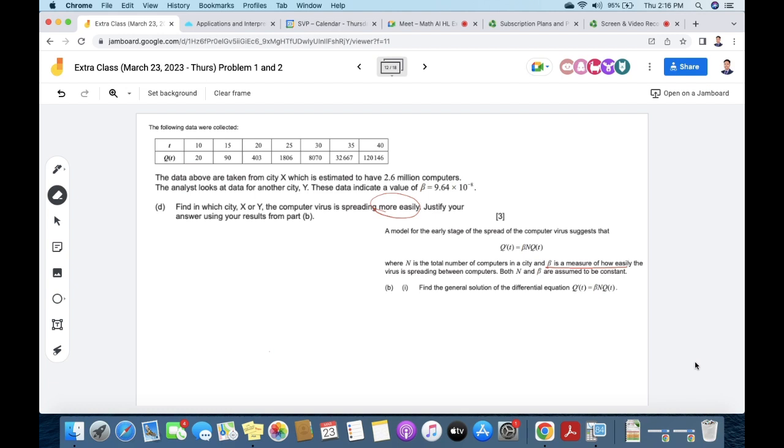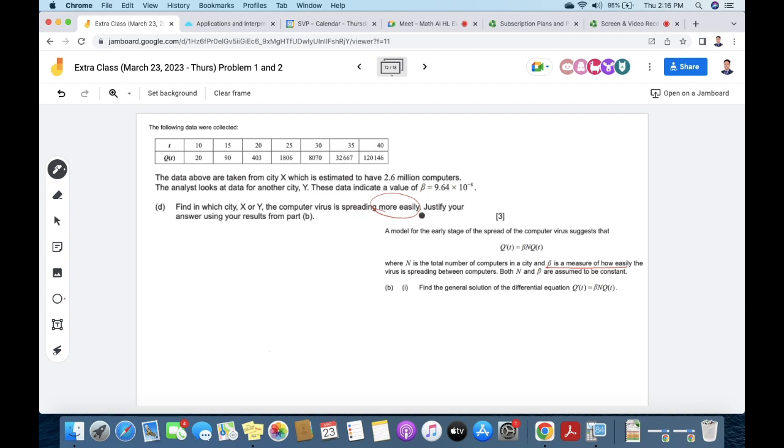Do you follow? Time is just one element, but not equivalent to the word easily. Now, why am I saying this? It's because most of the students might think that if the virus spreads easily, we can say it's also fast. It depends. Easily is talking about the medium.